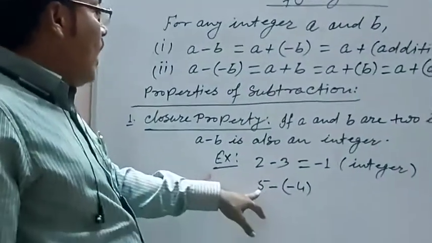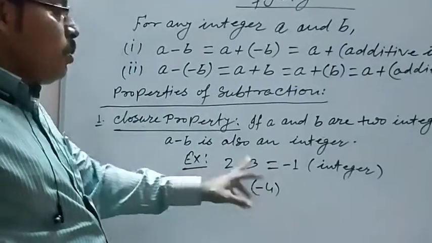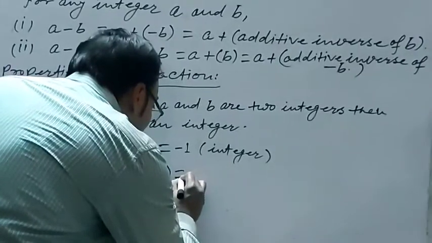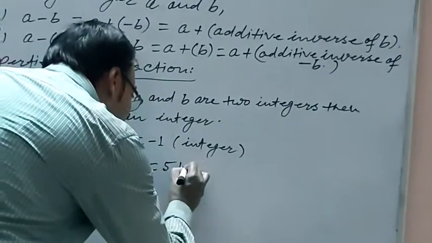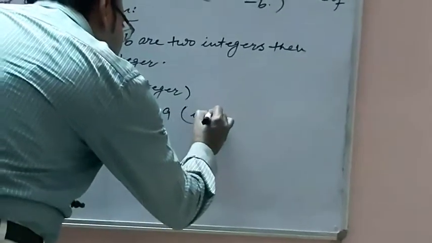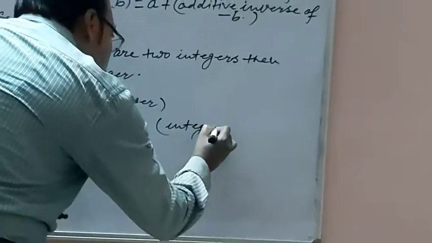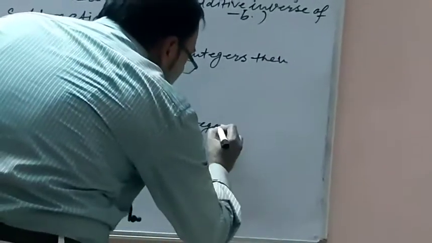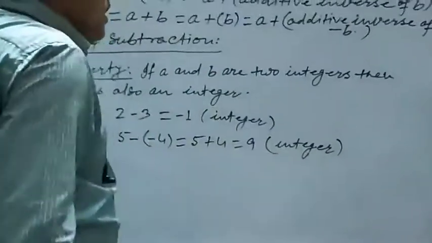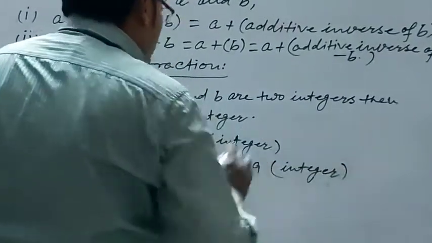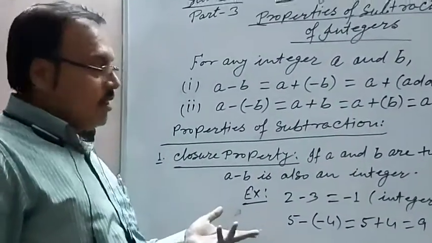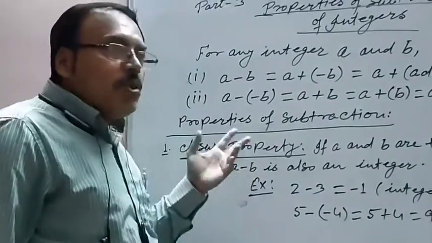Here we have to subtract minus 4 from 5, then we get 5 plus 4 equal to 9. 9 is also an integer. So closure property is valid for subtraction of integers. Next we see the commutative property.